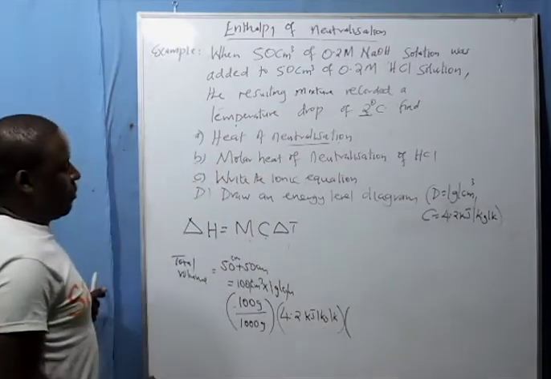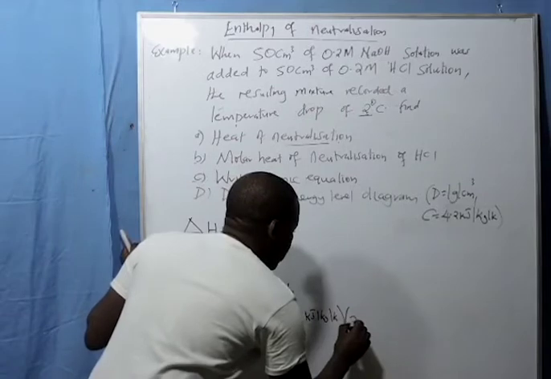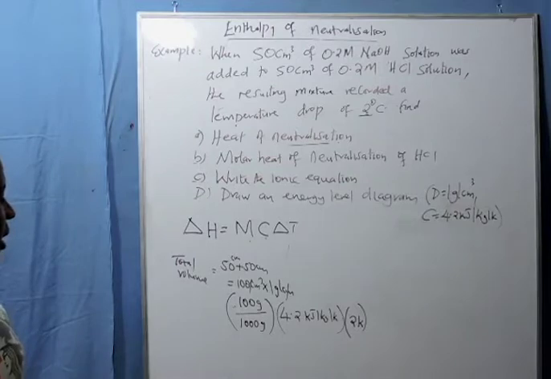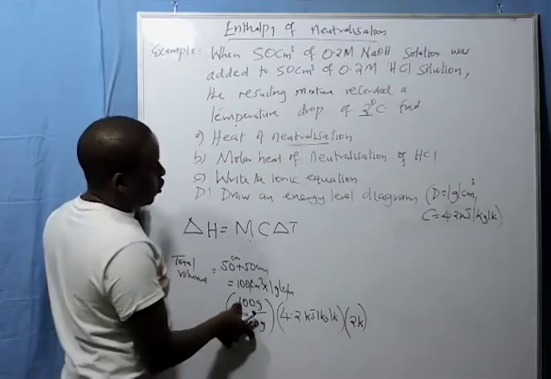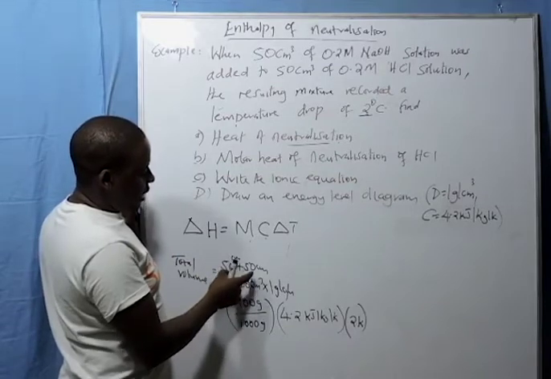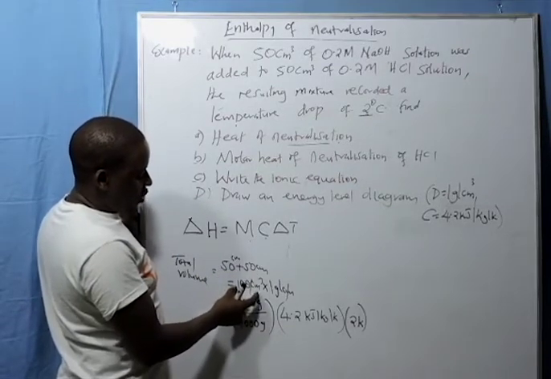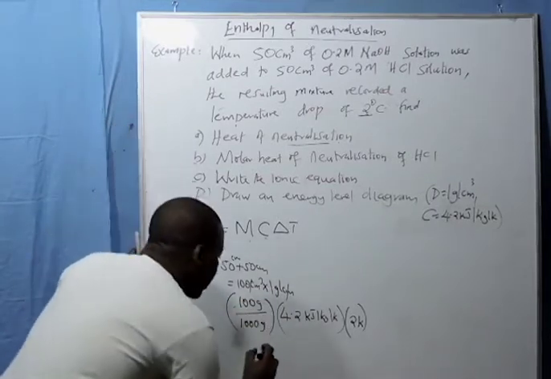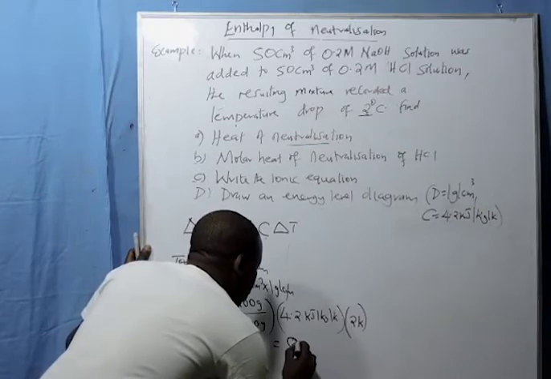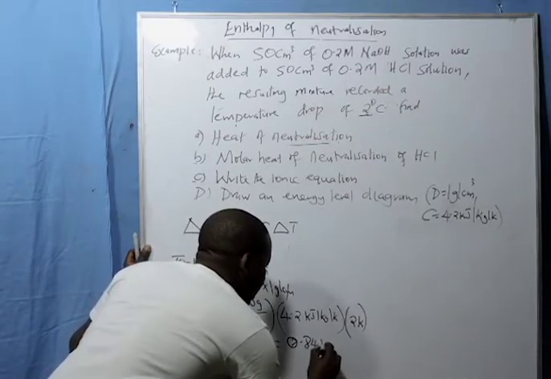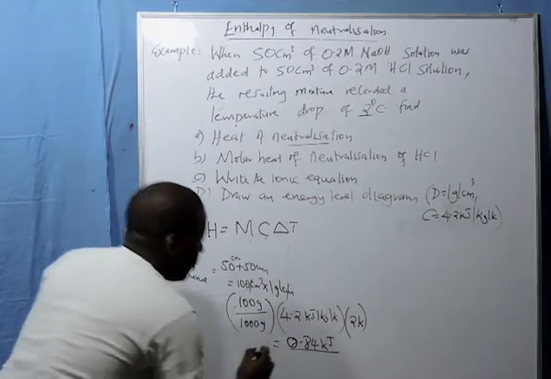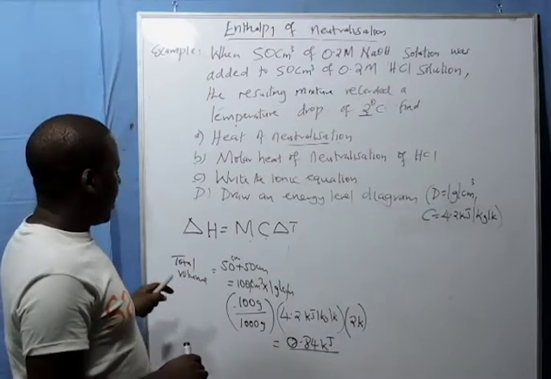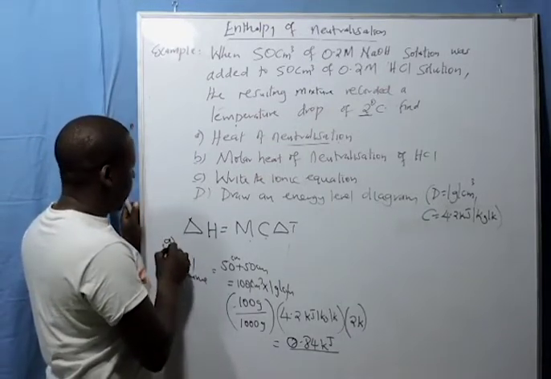Then our temperature change is 2 degrees, which we turn into Kelvin. So if you multiply the mass of the solution, which you get from the total volume of the mixture times density, by the capacity and temperature change, the total answer becomes 0.84 kilojoules. That is the heat of neutralization, part A.